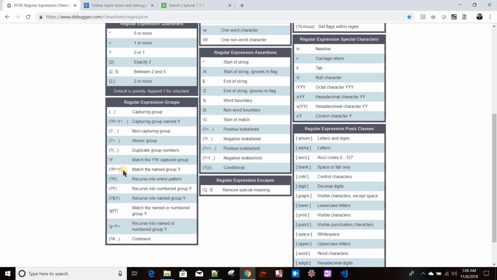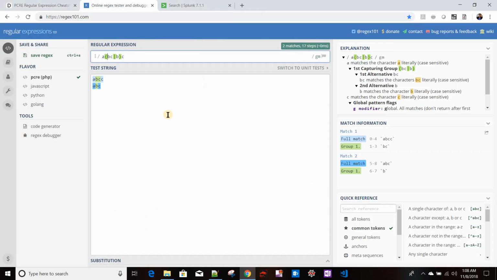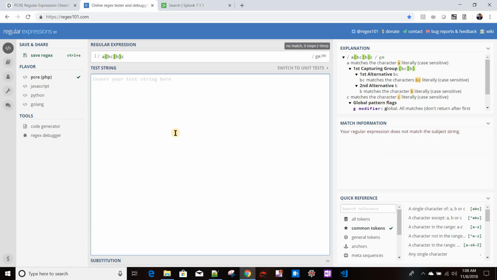Now let's talk about recursion. Recursions are another interesting aspect of regular expressions. Let's say I have a string something like this, a z z z.